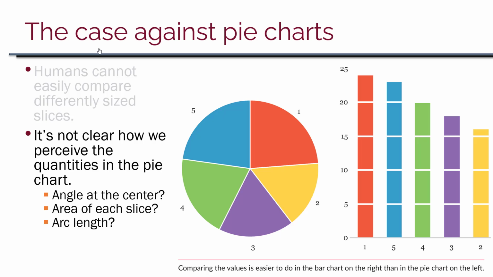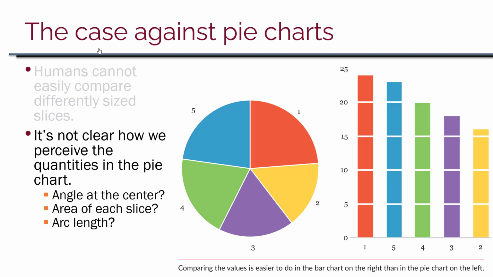Are you judging it by theta, the angle? Do you guys like the theta? Or is it the area of each slice? Or is it the arc length? So there are three ways to look at it: the angle, the area, or the arc length. So it's not clear.